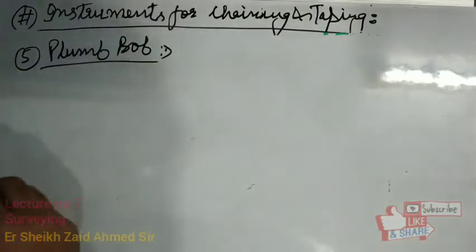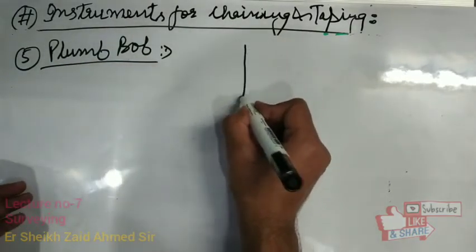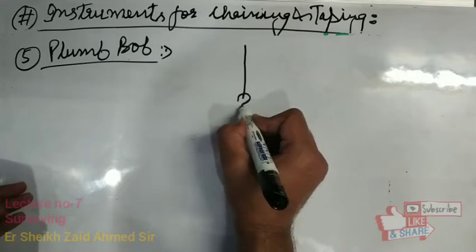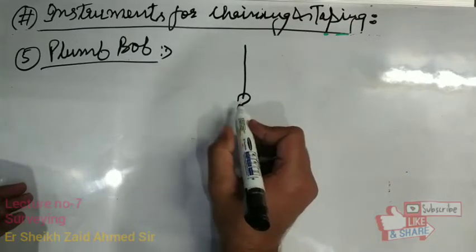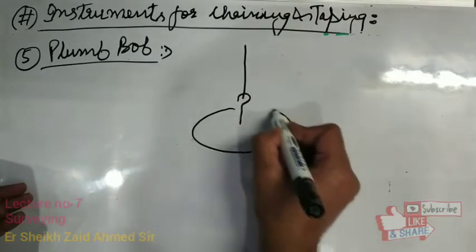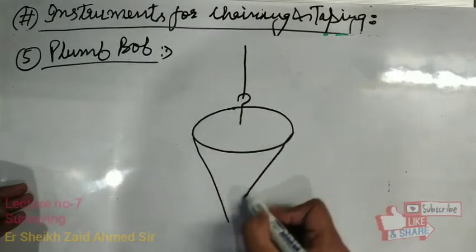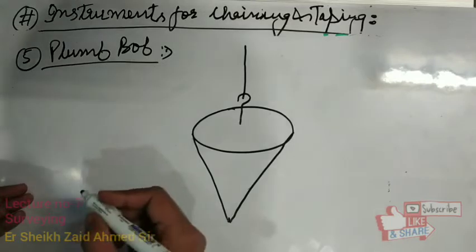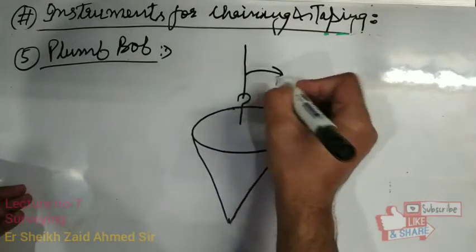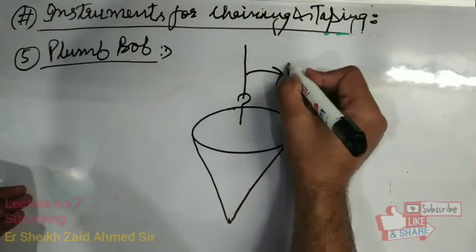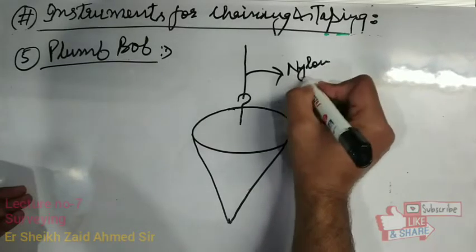You all might have heard about this. So I'll make a diagram. This is a plumb bob. It is attached with a nylon string.